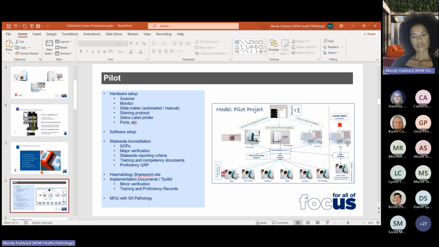Okay, so just to give you an overview of the pilot, which seems like a while ago now. Before we could actually start with our pilot, we had to set up all the hardware. That was acquiring the scanners at the various sites, and ensuring that they have the appropriate monitors, because you need a certain pixelation to be able to review accurately your characteristics and classification of cells.